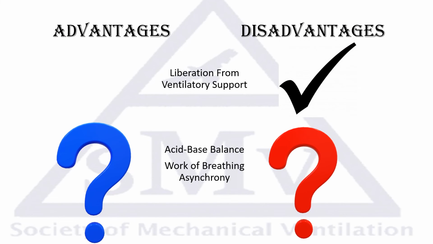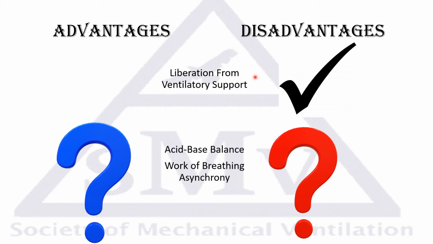So when it comes to advantages and disadvantages of IMV, one clear thing that has been consistent is that when used for weaning or liberation from mechanical ventilatory support, it tends to prolong the process and to be a little bit worse than pressure support ventilation or T-piece or CPAP.